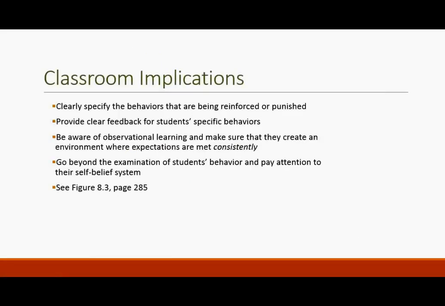Clearly specify the behaviors that are being reinforced or punished. Provide clear feedback for student-specific behaviors. Be aware of observational learning. Make sure that students create an environment, and you as a teacher create an environment, where expectations are met consistently. Go beyond the examination and evaluation of students' behavior, and pay attention to their self-belief system.